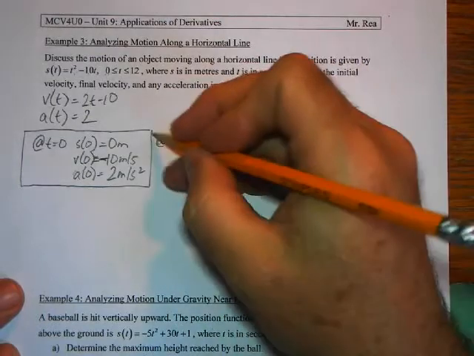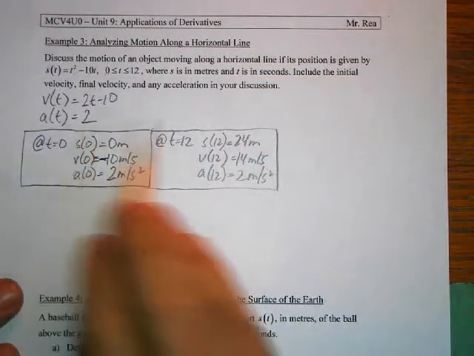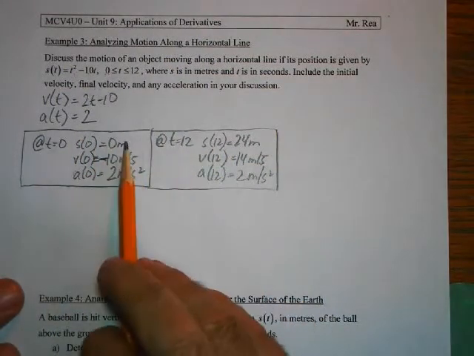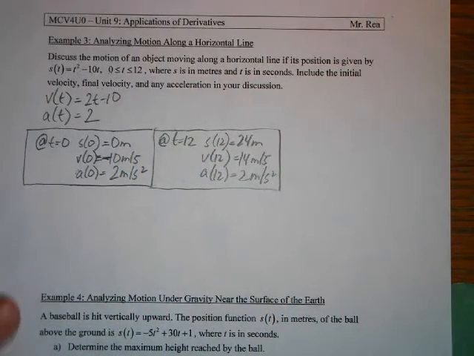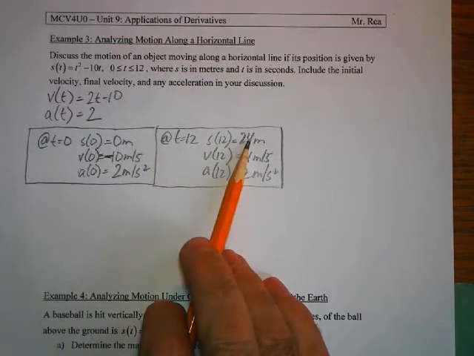So there we've got basically our initial information and our final information. So we've determined that at some point the object changed direction, because it was moving to the left to start, and it ended up 24 meters to the right.